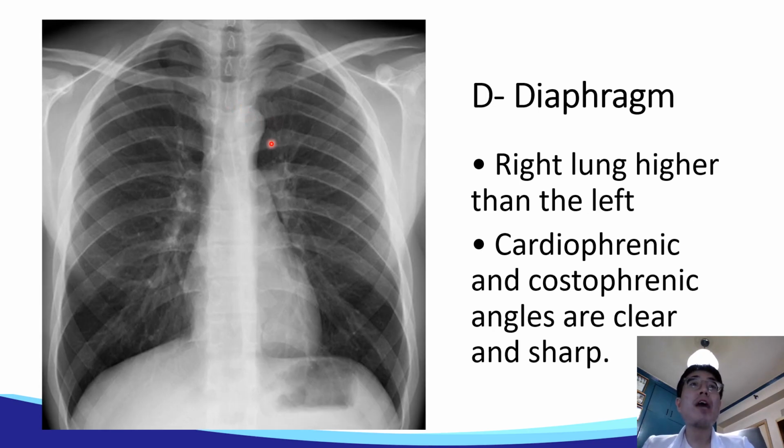Second to the last, we have D, which stands for the diaphragm. In our patient, the right lung is indeed higher than the left lung by around 1 intercostal space or 2.5 centimeters. Again, the reason for this is because of the location of the liver in the right hemi-abdomen. Furthermore, we can also appreciate the gastric bubble corresponding to the radiolucent, meaning dark, rounded area under the left hemidiaphragm.